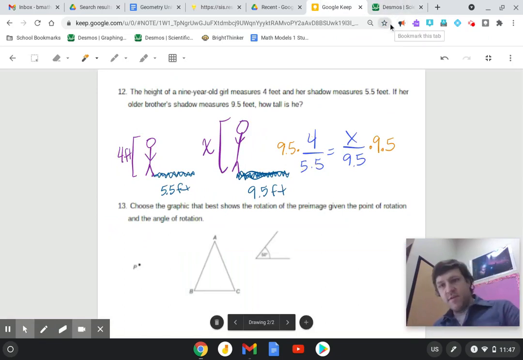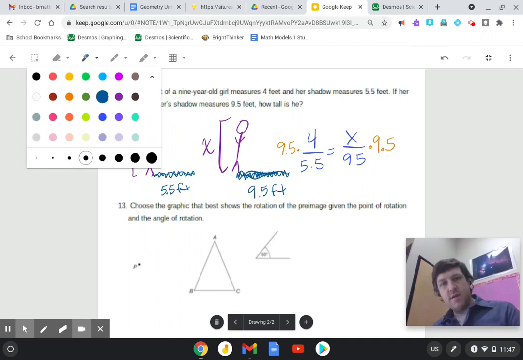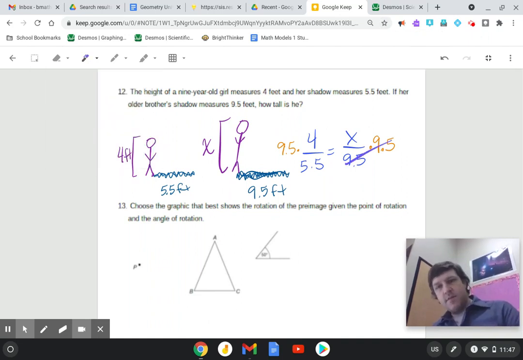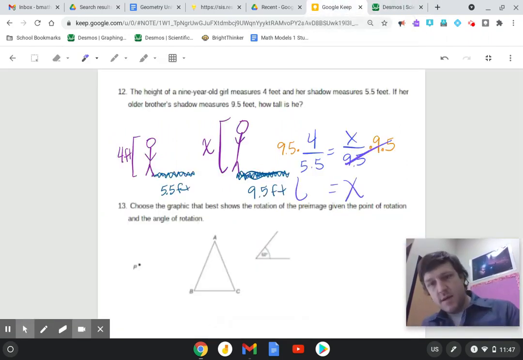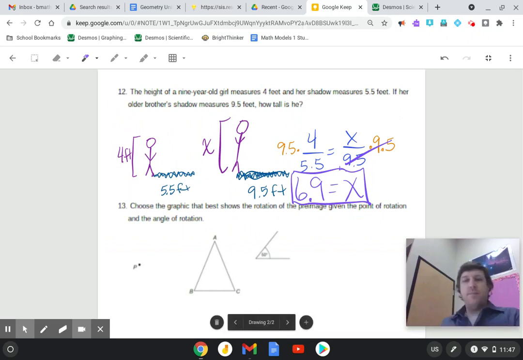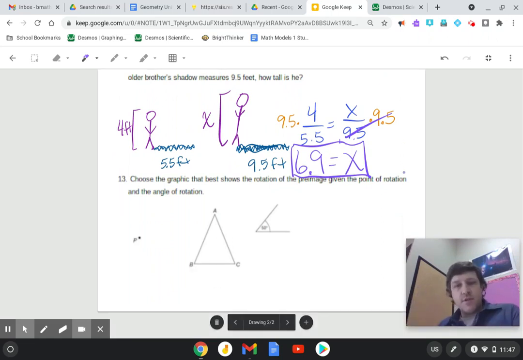And we'll get the value for X because this is going to cancel out right here. X equals 6.9. That's the kind of problem you're going to see on the test, a set of proportions where you've got the height of something and the length of its shadow. There's definitely going to be one like that. So you just need to set up a proportion and then solve for x.